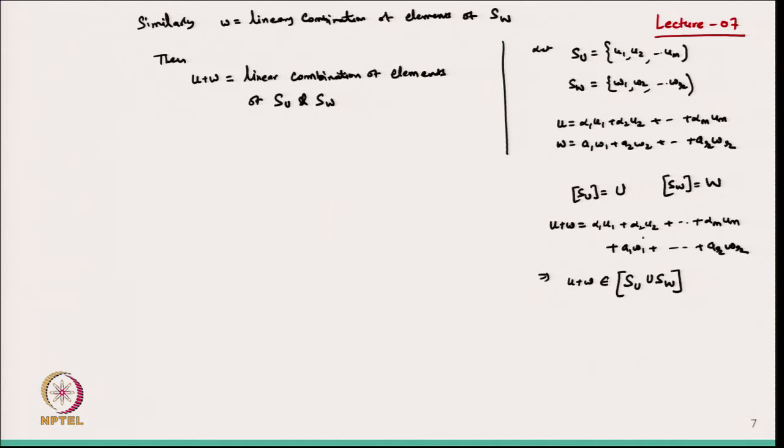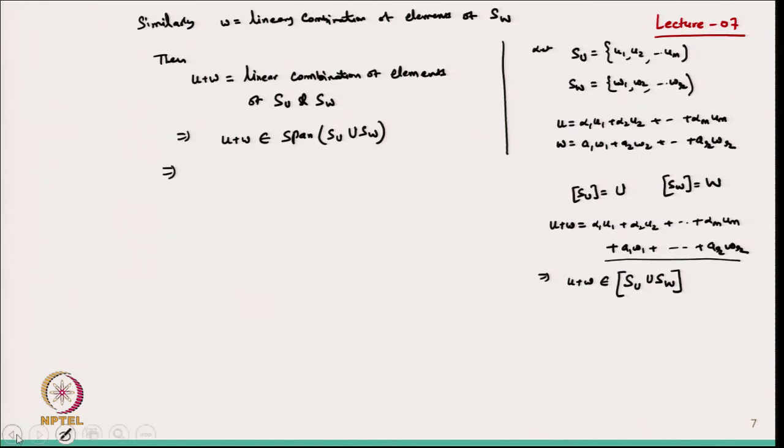So, if I take the union, then their linear combination will definitely be from this one. So, from here I can write that U plus W belongs to the span of SU union SW. Okay. And this is true for all elements.